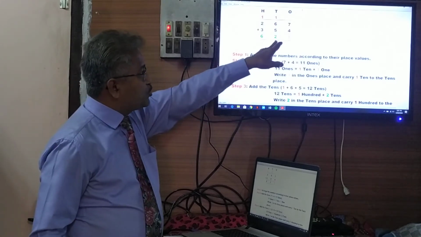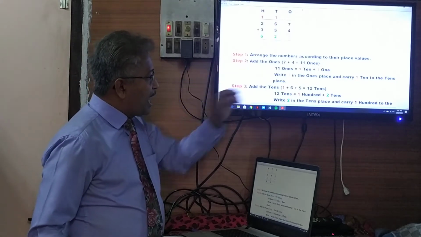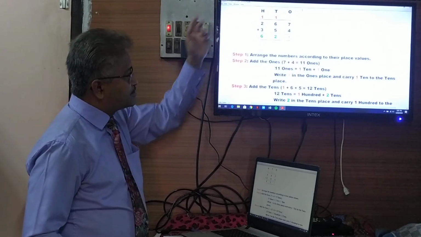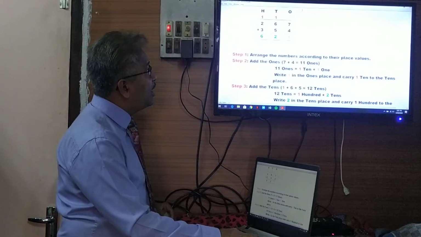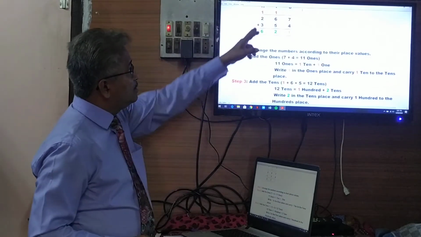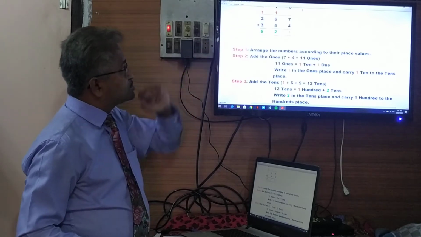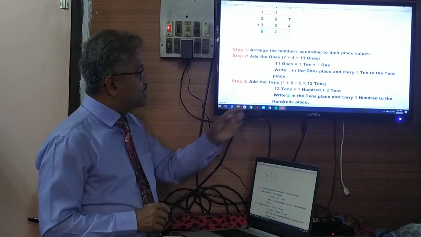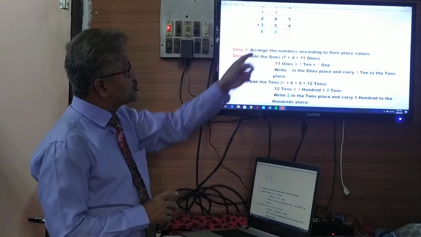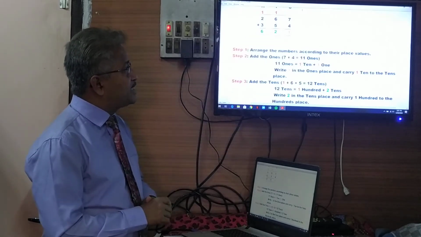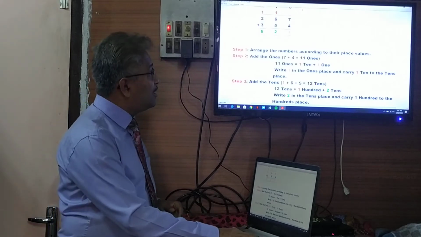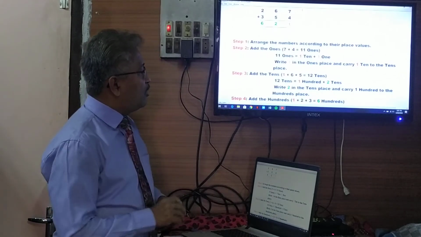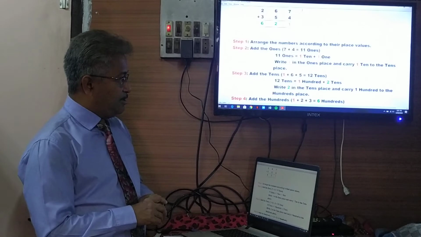So we write 2 in the tens column and we carry 100 to the hundreds column. So now we add the hundreds column and we get 1 plus 2 plus 3, that gives us 6. So we have 621 as our answer or sum of our numbers.